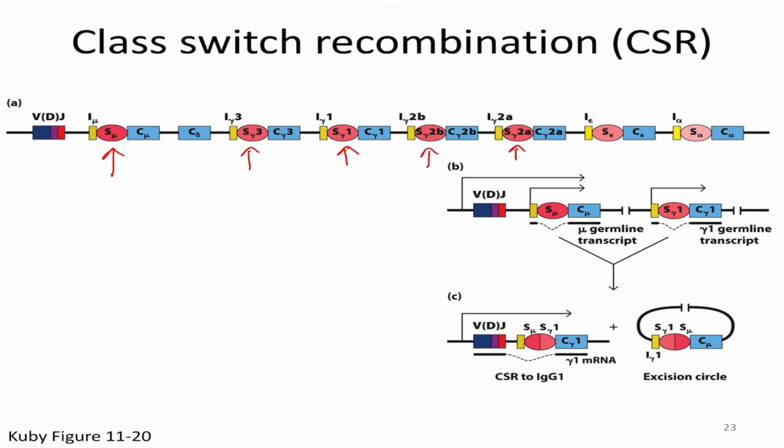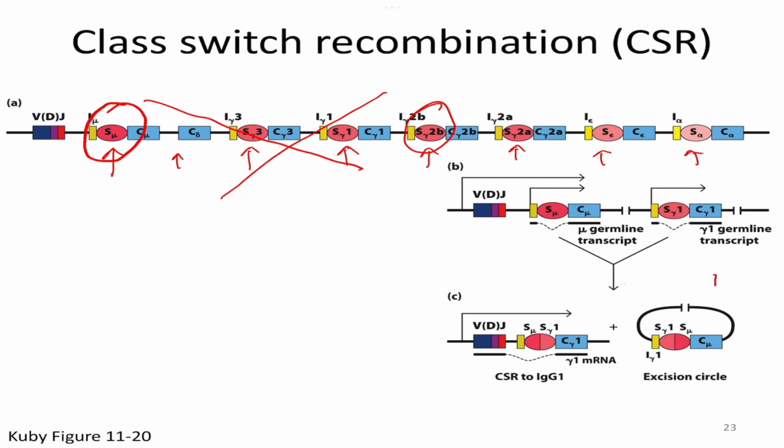So you can see the switch sites listed here. This doesn't show a switch site before IgG, but there actually is one. And what will happen is we have this separate process of recombination where the cell will basically do recombination between its IgM switch site and the switch site in front of one of the other constant regions, deleting the DNA in between.